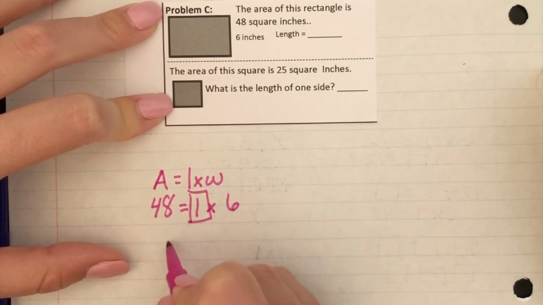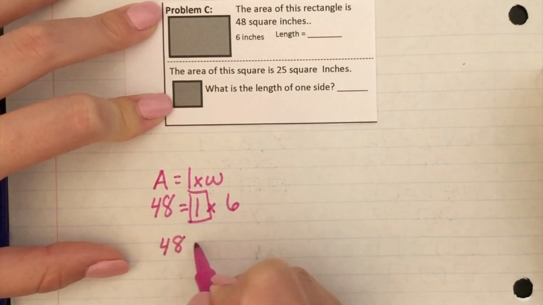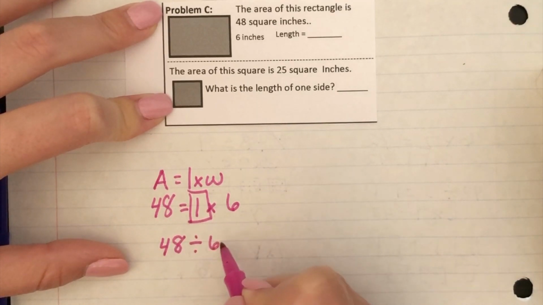I know that the opposite of multiplication is division. So I can do 48 divided by 6.